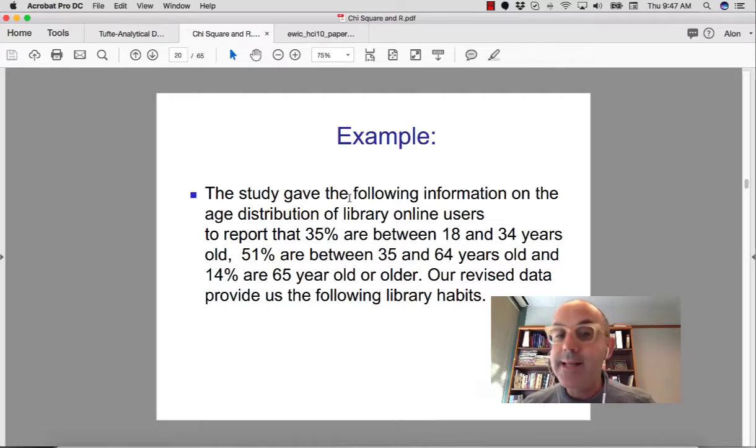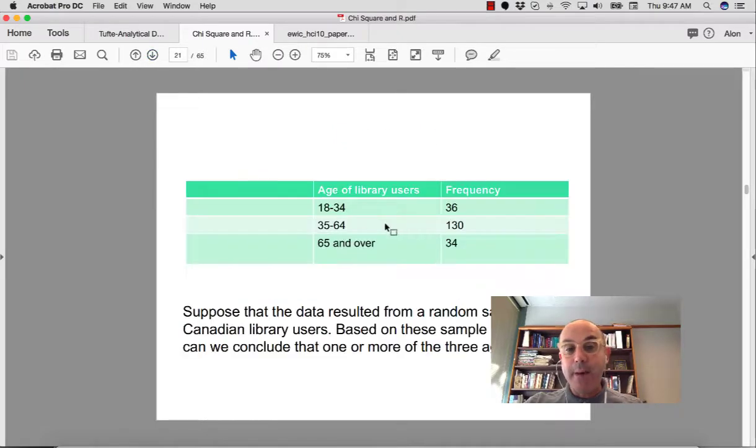So let's do an example. The study gives you the following information on the age distribution of library online users: they report that they are between 18 and 34 years old, 51% are between the ages of 35 and 64, and 40% are 65 years old or older, and the revised data will provide us the library habits.